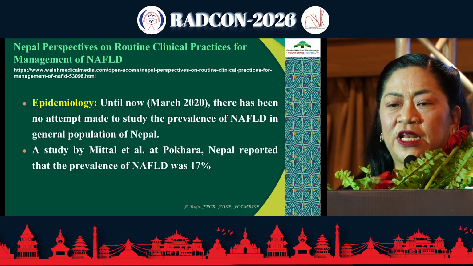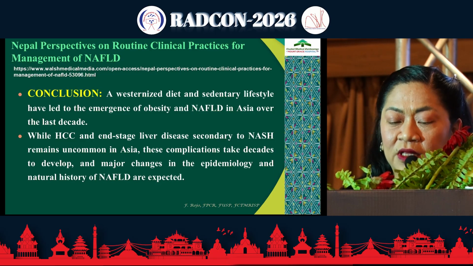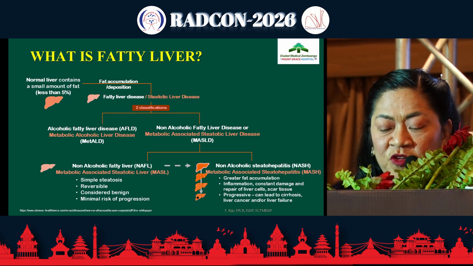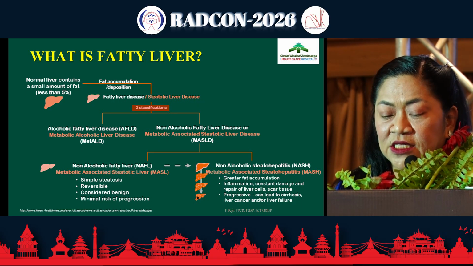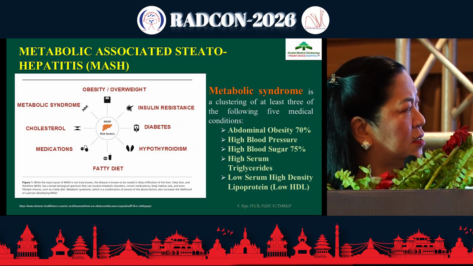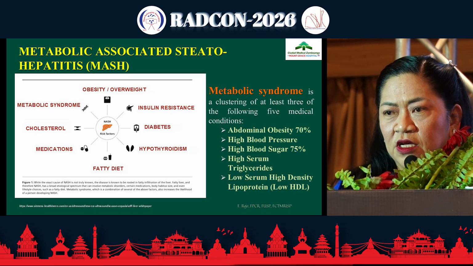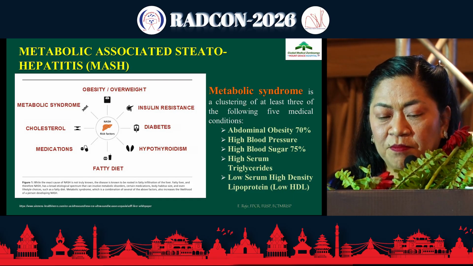But since we have already a westernized diet and sedentary lifestyle, it might lead again to obesity and NAFLD in Asia. So again, this is mentioned earlier about fatty liver disease. These are the ones that we have to watch for: metabolic syndrome. If you're obese, with high blood pressure, high triglyceride, high blood sugar, high cholesterol, these are the people who need to be checked.